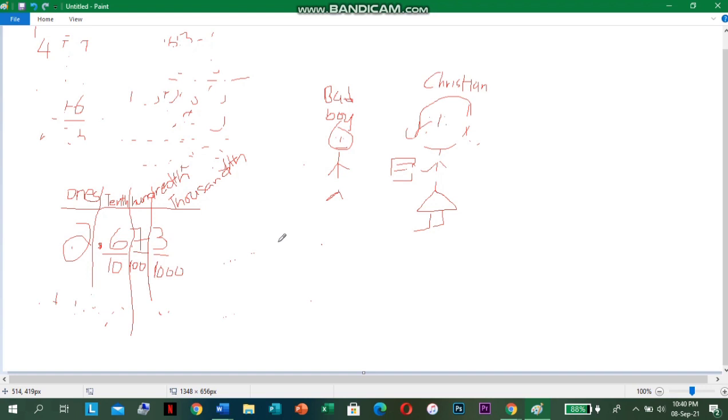So it says round off 2.673 to the nearest tenth. If we look at the hundredth place, the numeral 7 is more than 5, and that's the rule. Once it's more than 5, we round up.